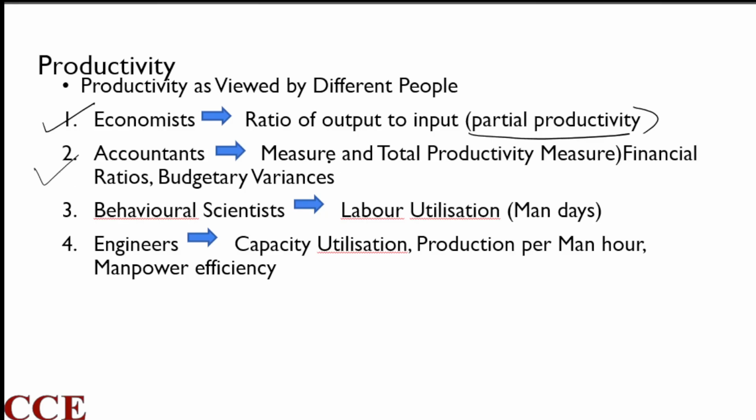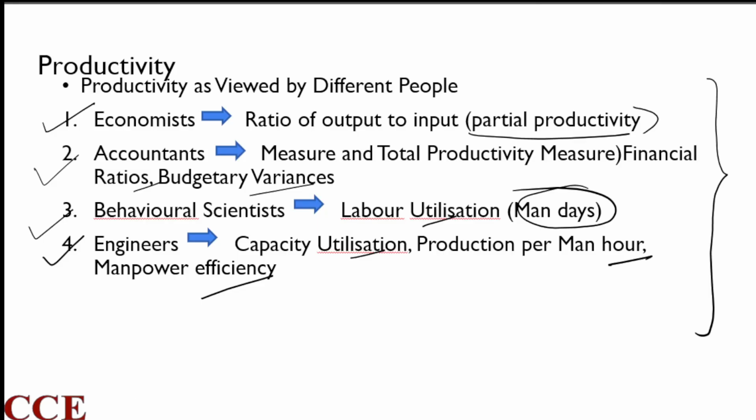What accountancy measures are total productivity measures, financial ratios, budgetary variances. What behavioral scientists see is utilization of the labor or man days. What engineers see is capacity utilization, production per man hour, manpower efficiency. This is the same term which is seen by different people in a different way.